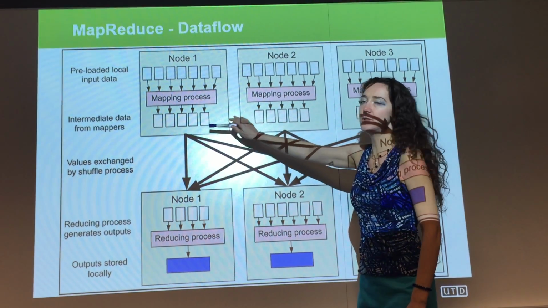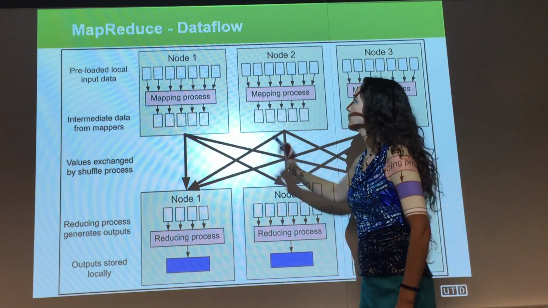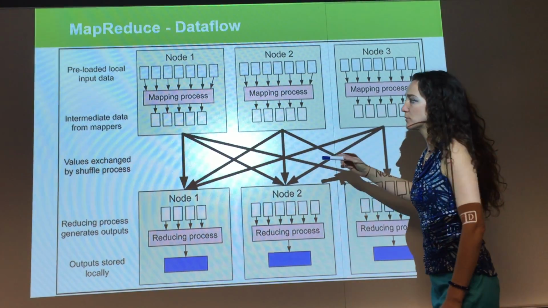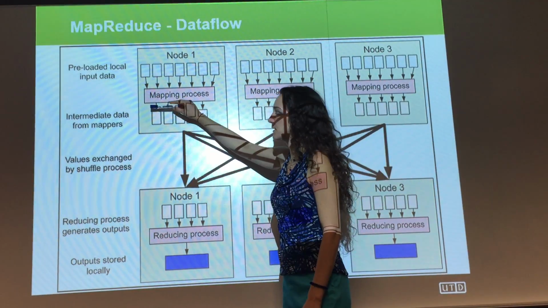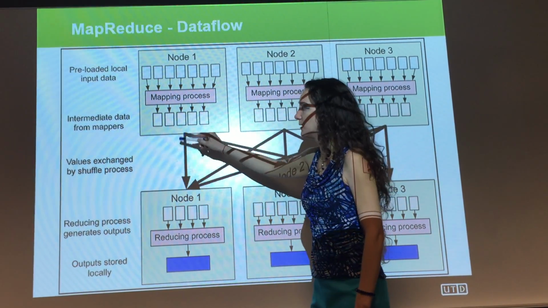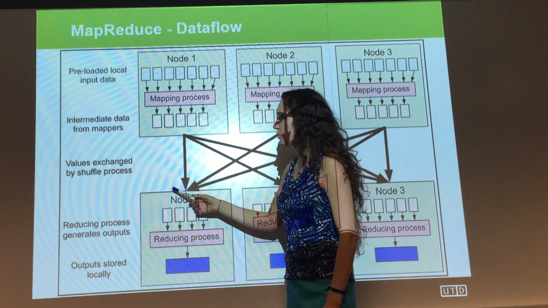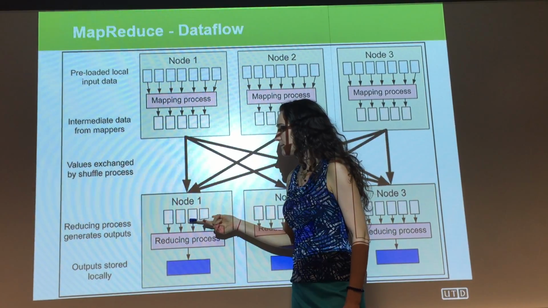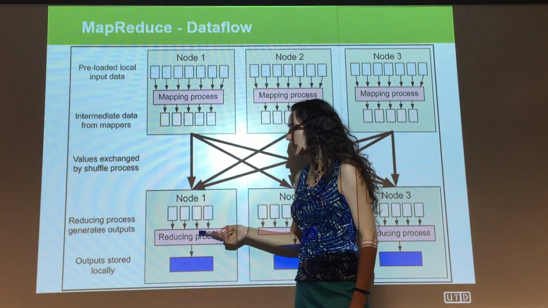And this is intermediate data that is being produced from these mappers. When the data is produced, there is a key value pair, and these values and the keys are exchanged by the shuffle process, and then they are sent to the reducing process.